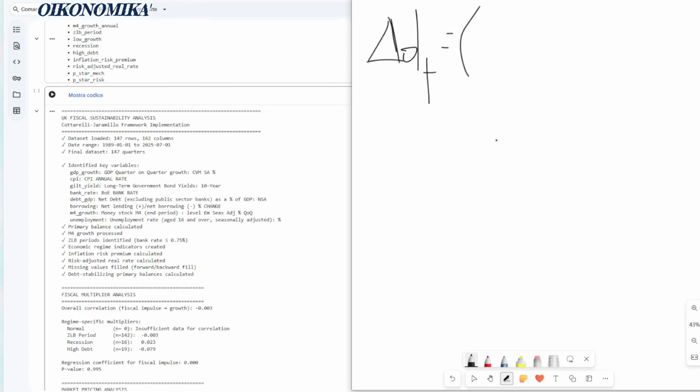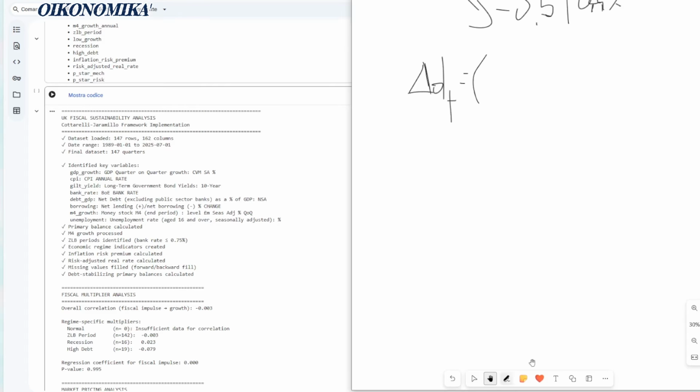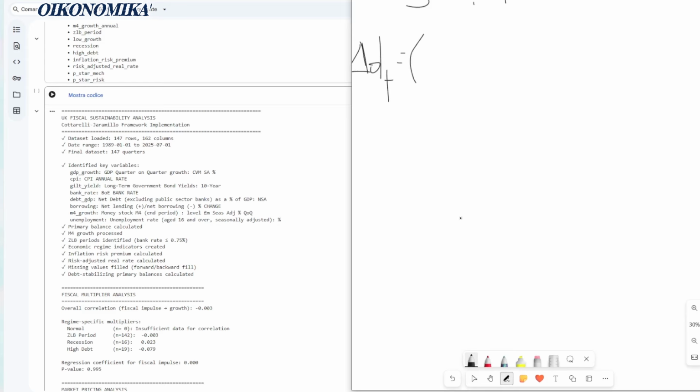I think I have to zoom out a little bit. So we have the real interest rate minus the growth rate, then we have the debt level at time t-1.